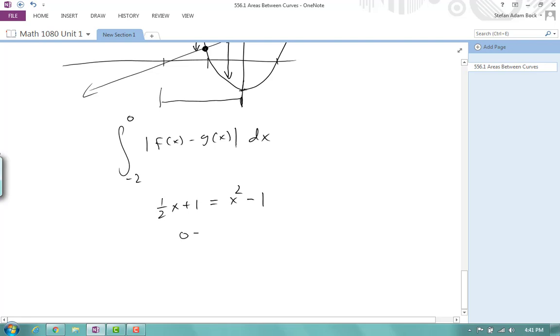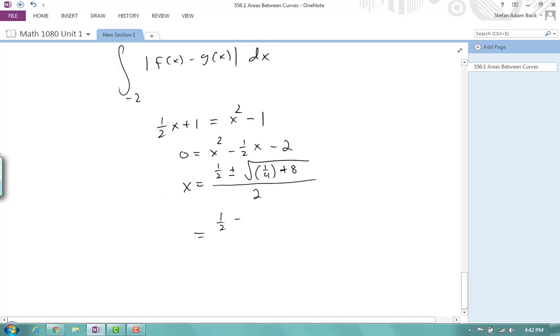So this means that 0 is equal to x squared minus 1/2 x minus 2. I'm not sure how I'll factor this, so I'll go ahead and use the quadratic formula. Never fails. I'll have negative b, so 1/2, plus or minus the square root of b squared, that's 1/4, minus 4 times a times c, which is 4 times 1 times negative 2, so that's plus 8, all over 2a, which is just 2.